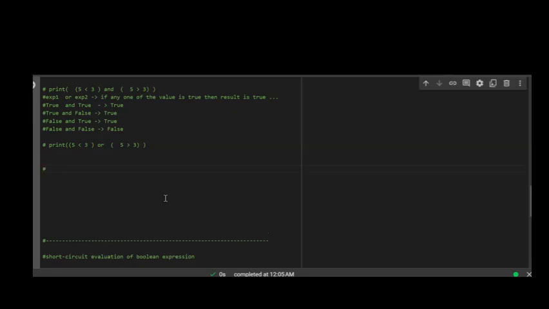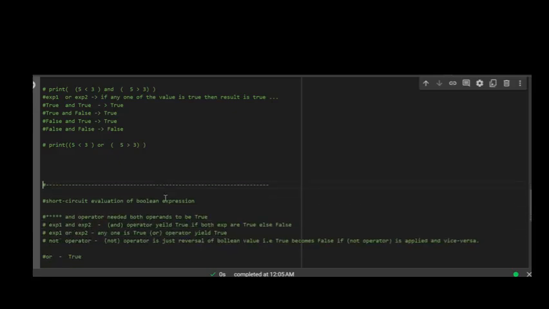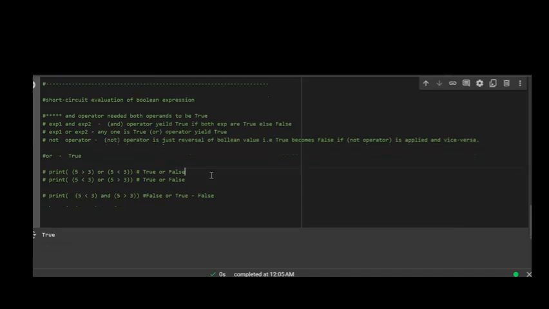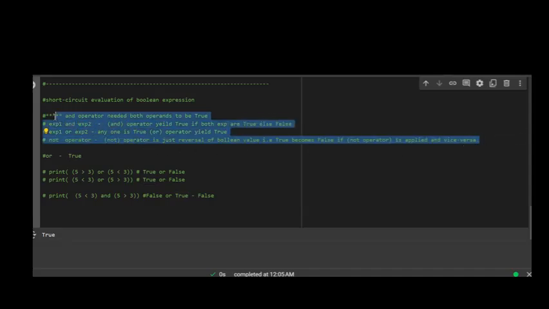Okay, we will talk about short circuit, which I think we have already mentioned. Let me just scroll down. Okay, so we have the and operator, which needs both operands to be true, right? And then we have or, where any one being true is enough. This is kind of a revision of what the and, or and not operators do.